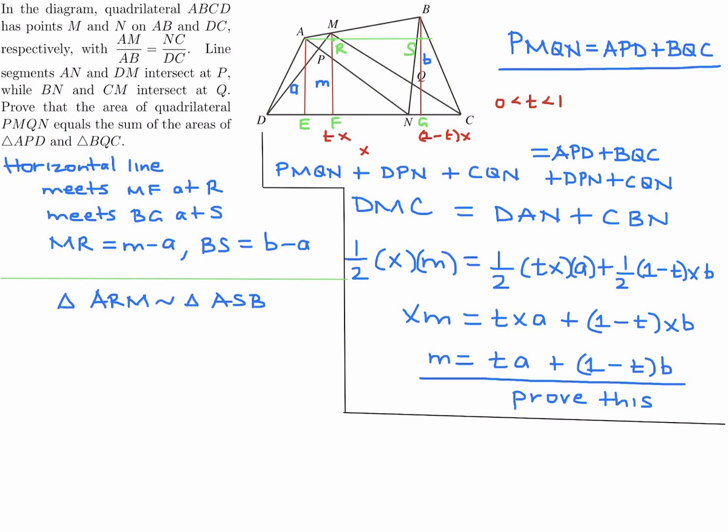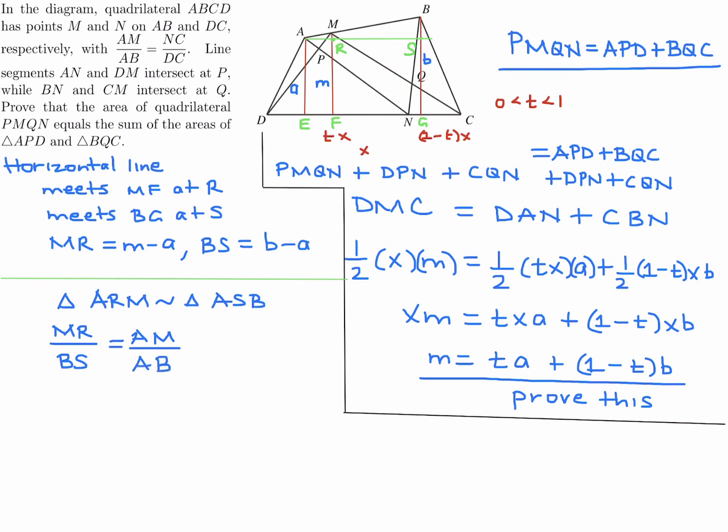So ARM is this little guy, and ASB is that bigger triangle. Because they're similar, the ratio of the sides will be the same. So that means MR over BS will be the same as AM over AB.